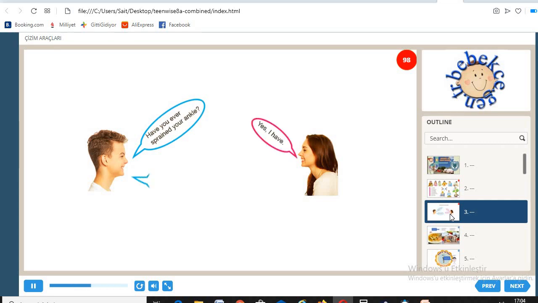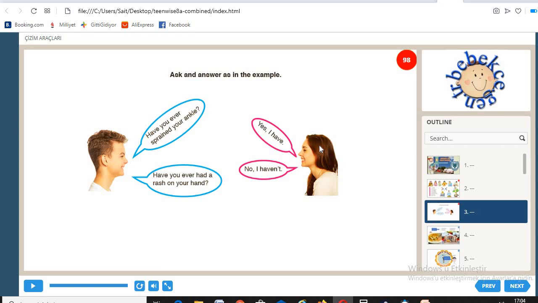Have you ever sprained your ankle? Yes, I have. No, I haven't. Ever. So it means in your lifetime. It's asking about your experience. Have you ever had a rash on your hand? Yes, I have.